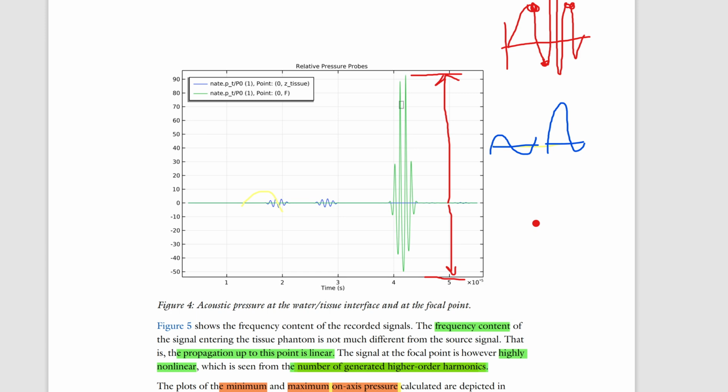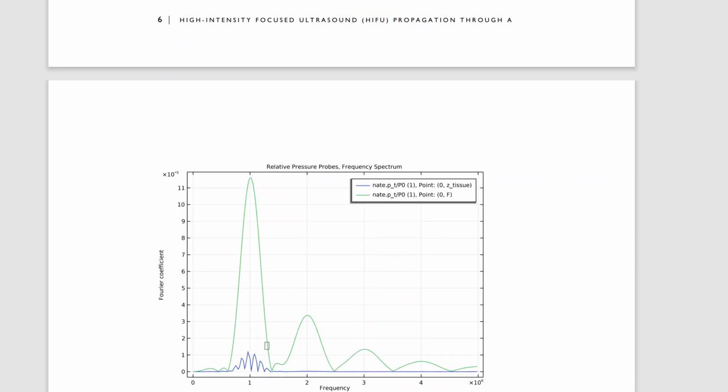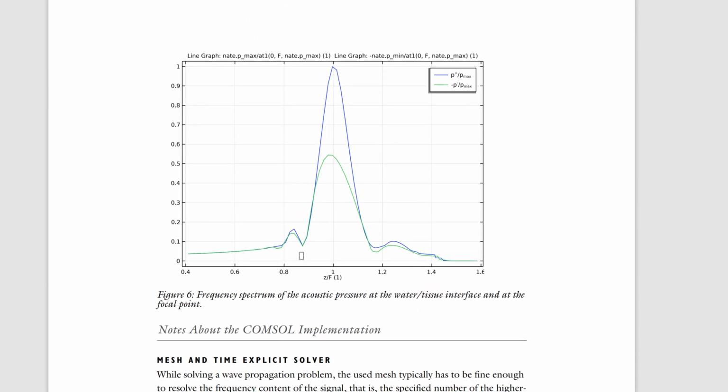Okay, on-axis pressure, so I think this is over time from 0 to the end of time. Pressures, and if we go to 6, maximum. Yeah, maximum here, and negative maximums.